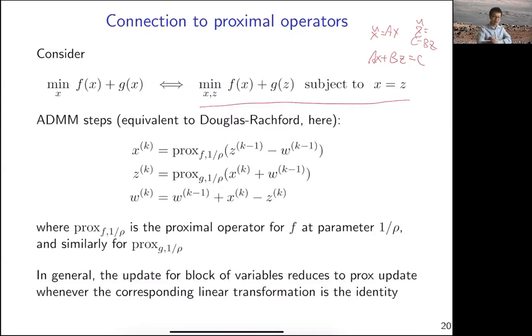Since these are linear transformations, all these functions will not be too different from their original form.